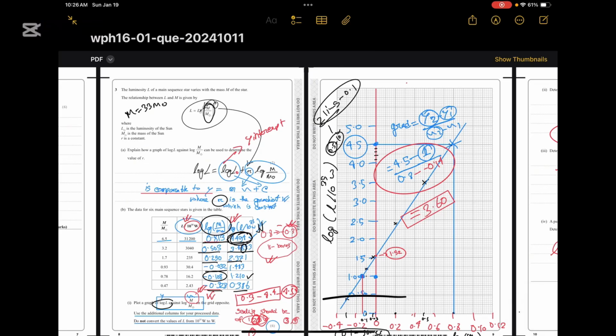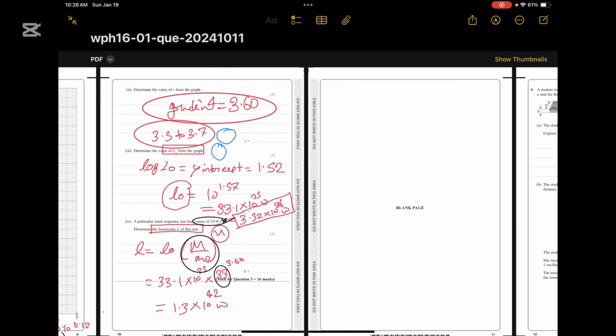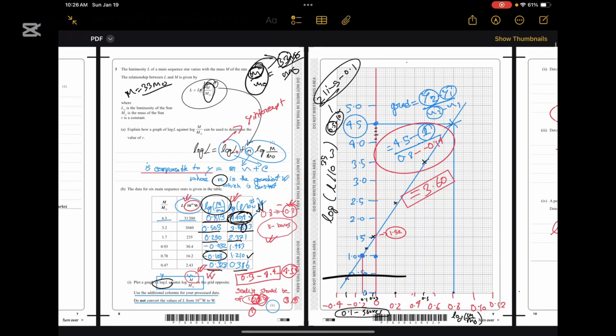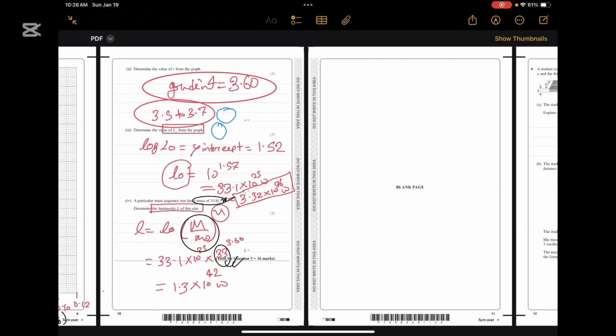They have given mass is equal to 33 m naught. So we can write it like this, that m divided by m naught is equal to 33 m naught divided by m naught. So m naught cancels. So our m divided by m naught is only 33. That's why I have written this m divided by m naught as 33.